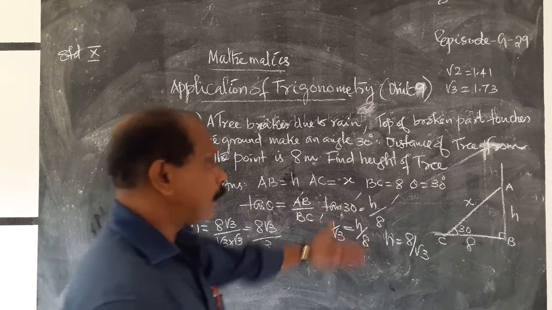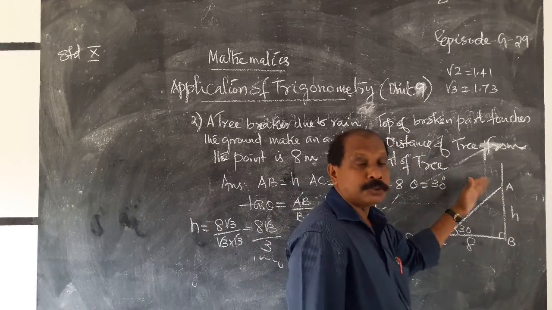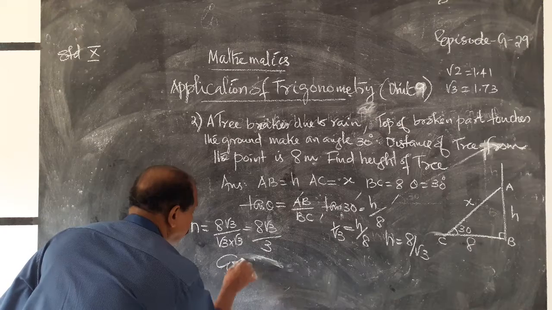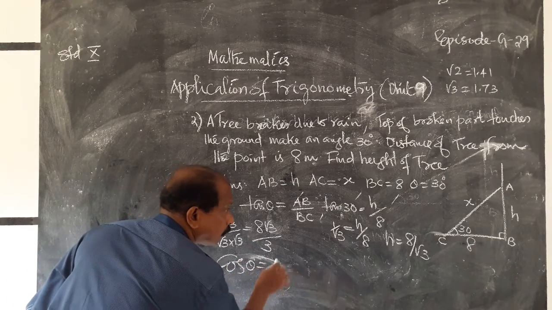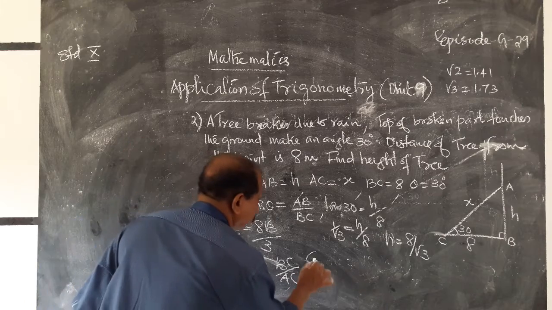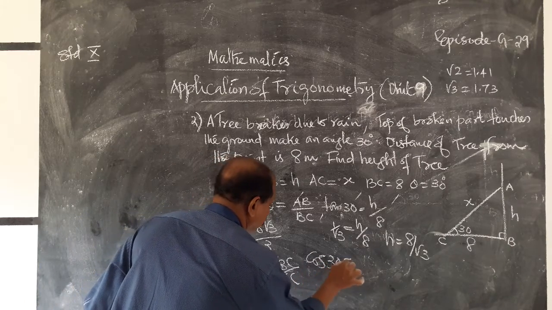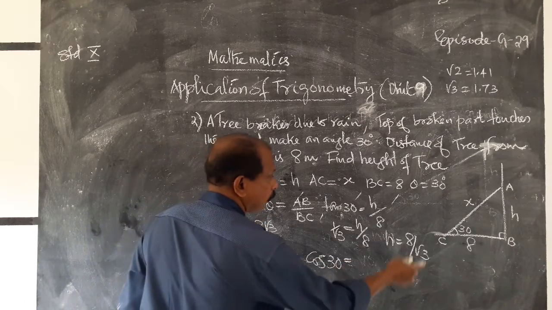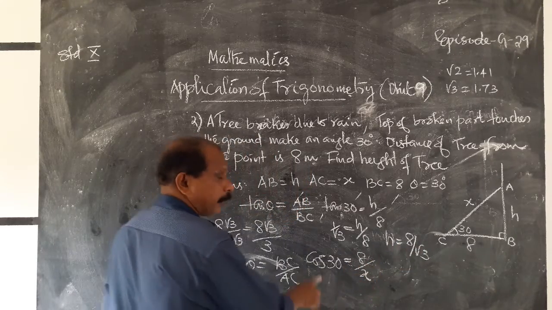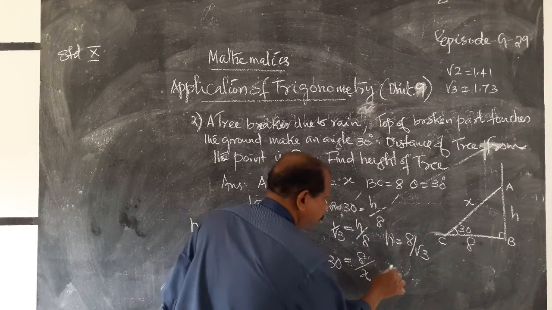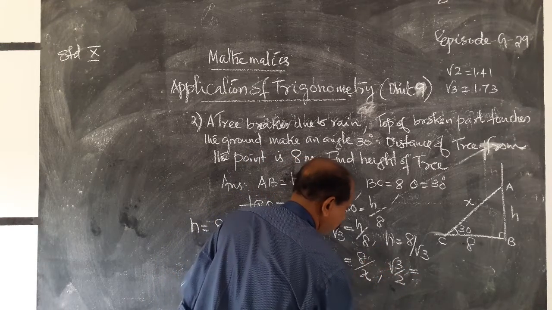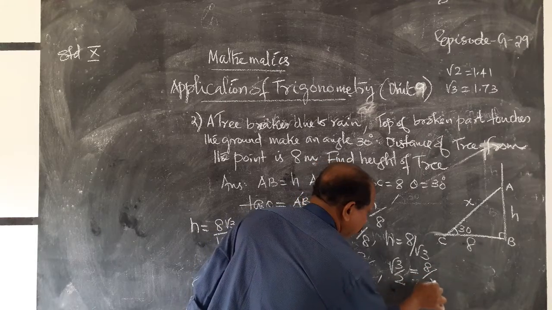Then we can find out the hypotenuse using cos theta. Cos theta is equal to BC by AC. That is cos 30 is equal to BC, it is 8, by AC, it is x. What is cos 30? Root 3 by 2 is equal to 8 by x.